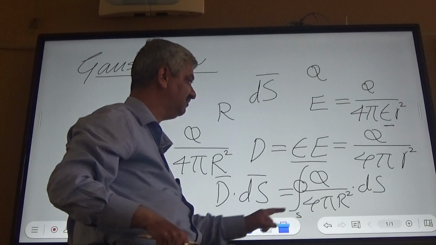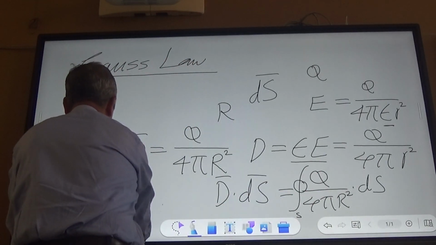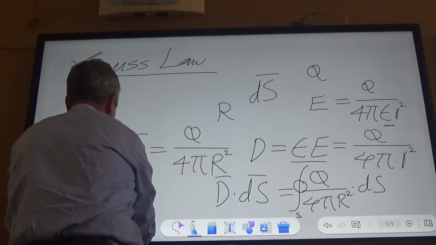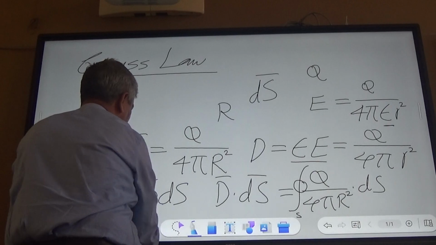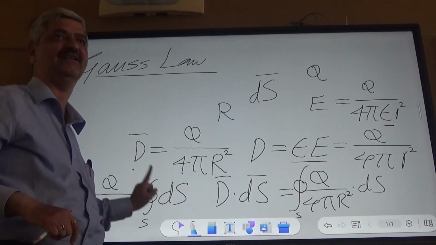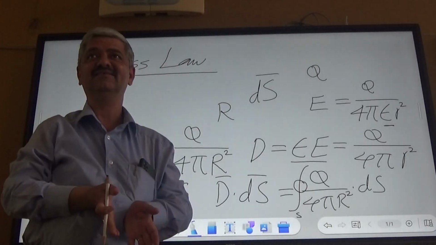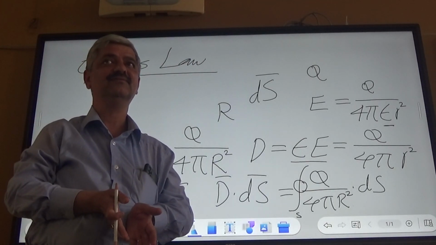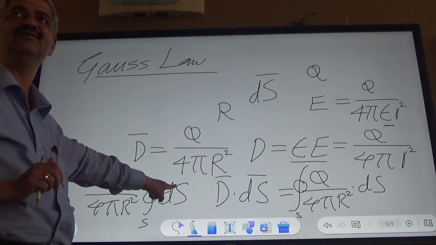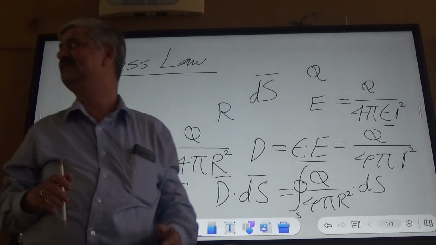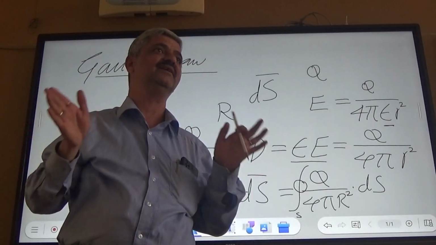It is constant everywhere, so it will be Q upon 4 pi r square. And what is the integration of ds over the spherical surface? What is the area of the sphere? 4 pi r square. So Q upon 4 pi r square into 4 pi r square gives Q. So if it is at the origin and the surface is spherical, it is simple.